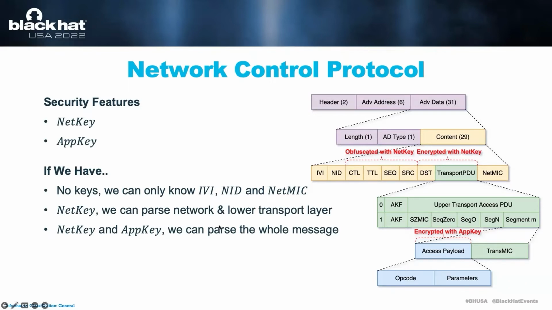In consequence, if we have no keys, we can only know the IVI, NID, and the NetMIC here because they are in raw. But if we have the NetKey, then we can parse the whole network layer and the whole lower transport layer. And if we have the NetKey and the AppKey, we can parse the whole message.